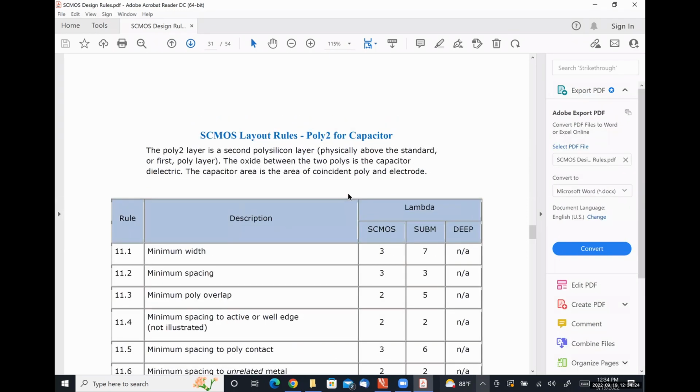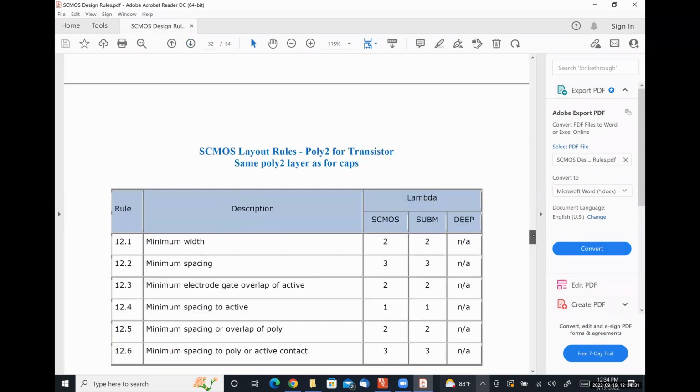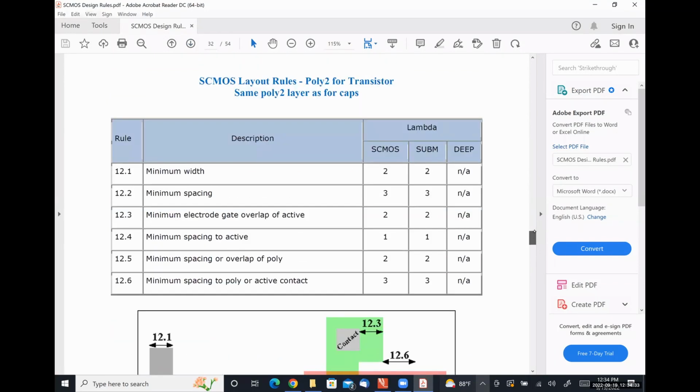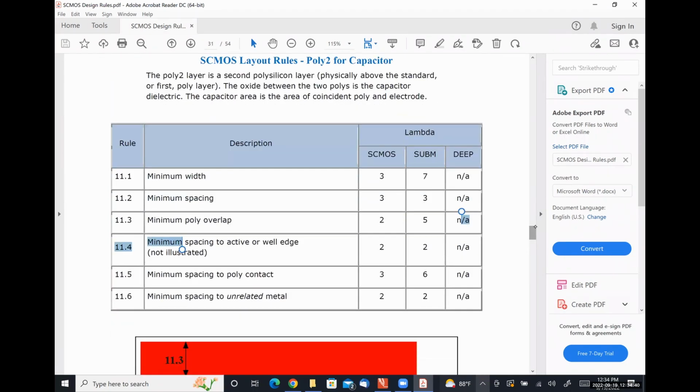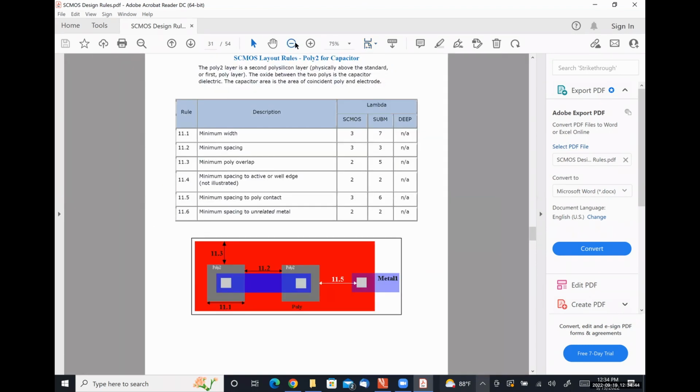There we go. Layout rules for our poly 2 capacitors. This thing doesn't slide with my touch screen. I'm on the wrong page. Move this so I can make it a little smaller. All right, so we can see everything now.